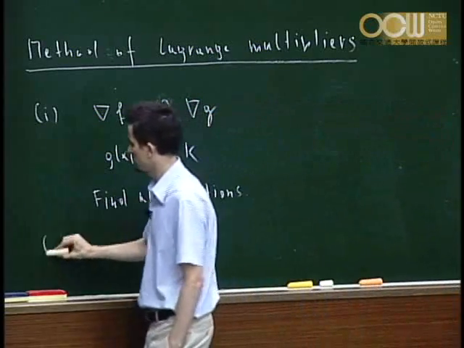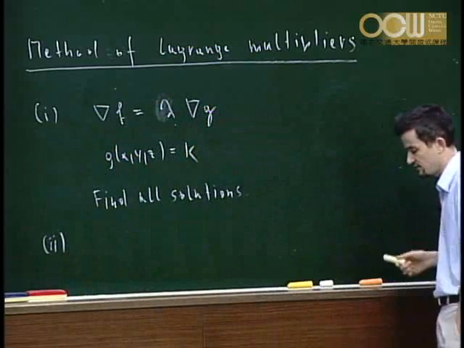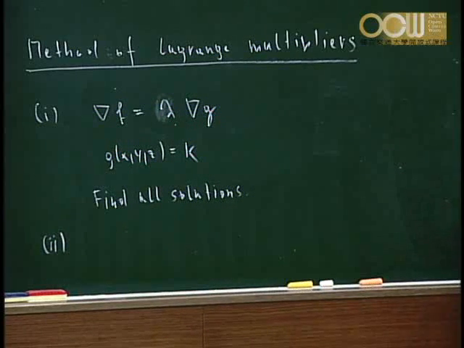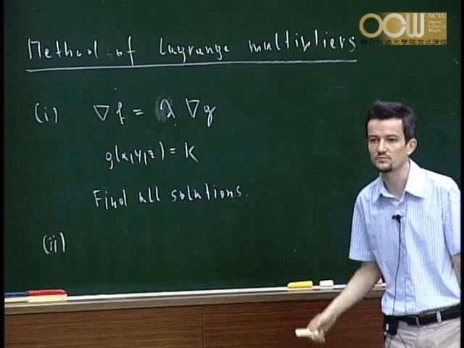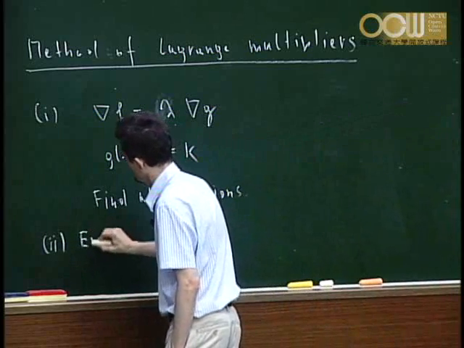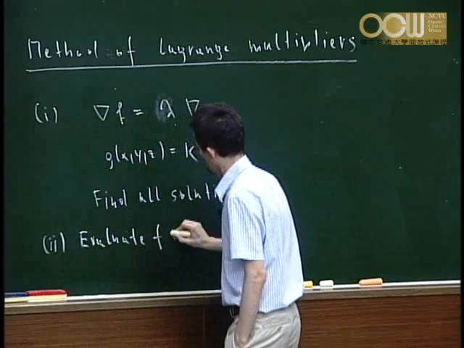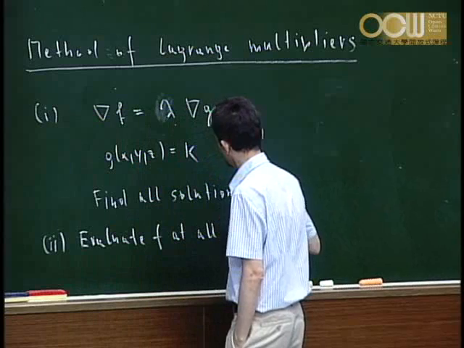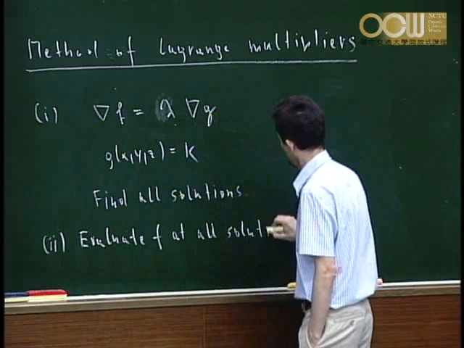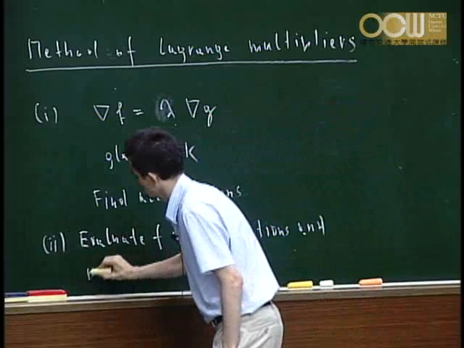Then the second step is to evaluate them. Evaluate f at all solutions, pick the largest and the smallest. The largest is the absolute maximum, the smallest the absolute minimum.